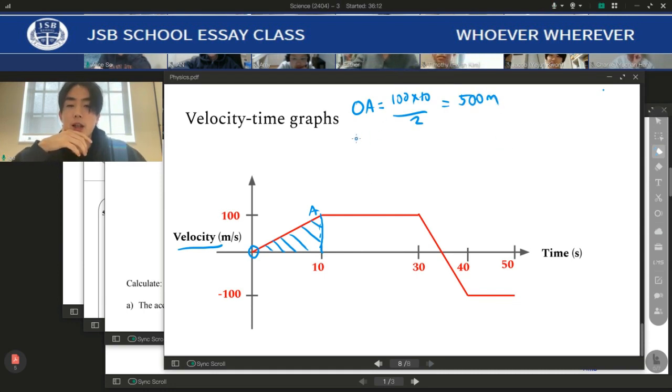Okay. Let's call this B now. So A to B. Amy, how do you think we work out the area for A to B? What do you think the distance traveled from A to B is?